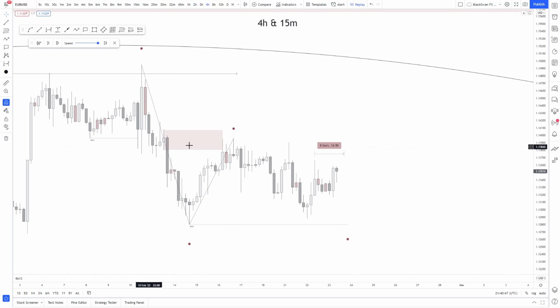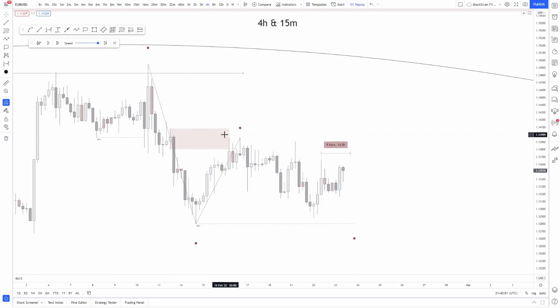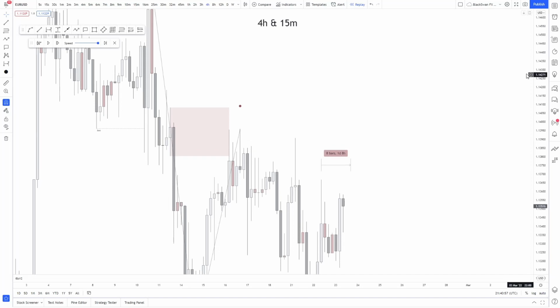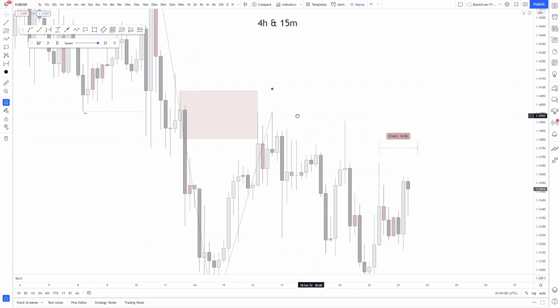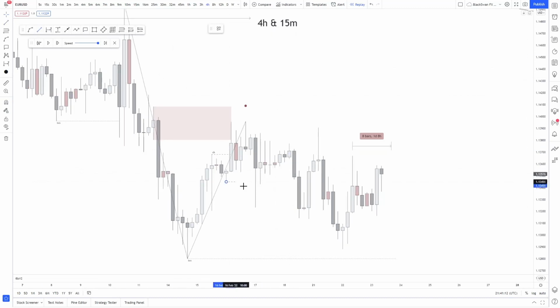Price trades up into this supply level. It's unable to go any higher, and we see an order flow shift happen on the 4H, and that is characterized by this being run, and this low going.